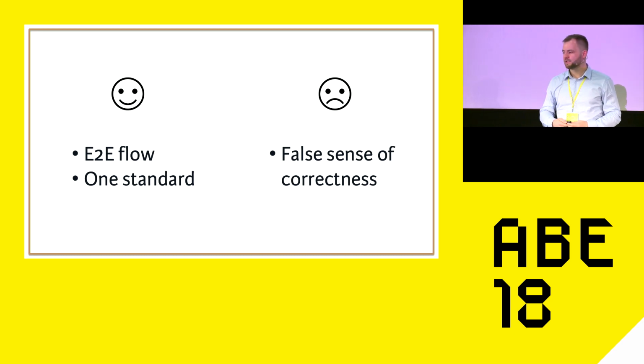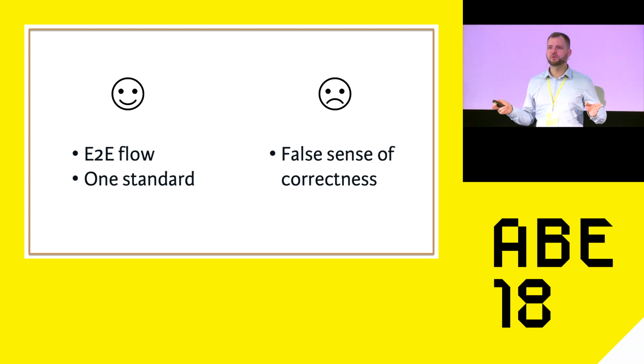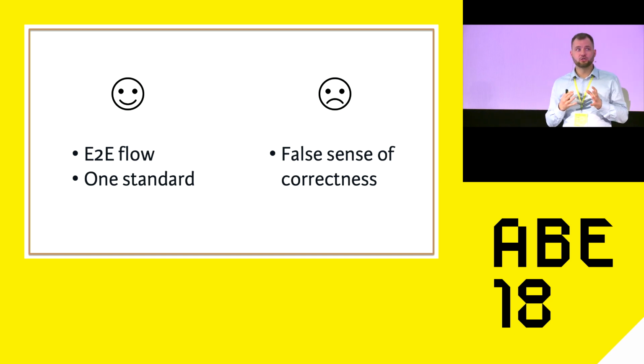All right? Secondly, it's one standard. If we have one product development, many products, maybe many hypotheses to test, we have one standard, one tool that supports us to work with those hidden or not hidden revealed assumptions. What can go wrong? Well, obviously, the technique looks simple. It may give us a very false sense of correctness.